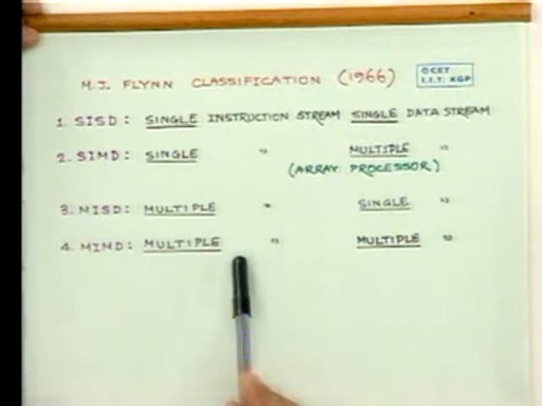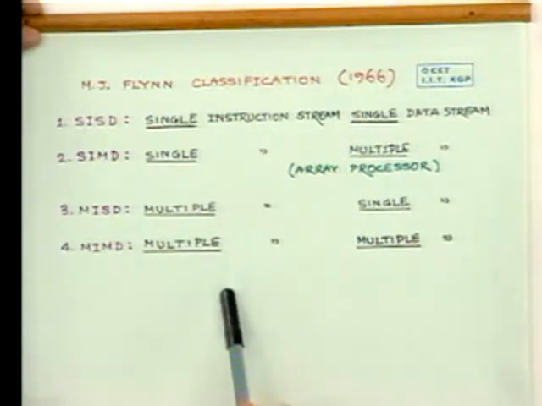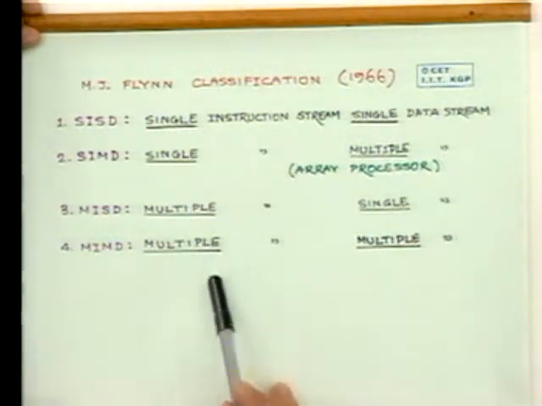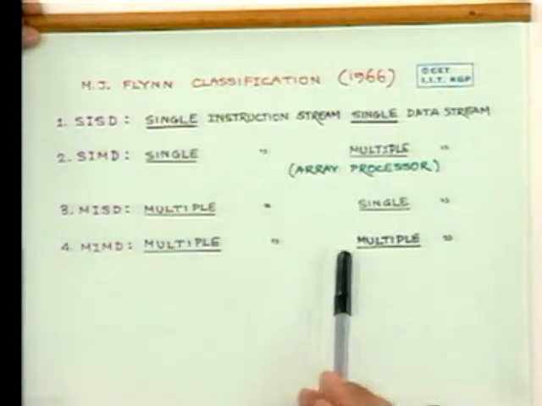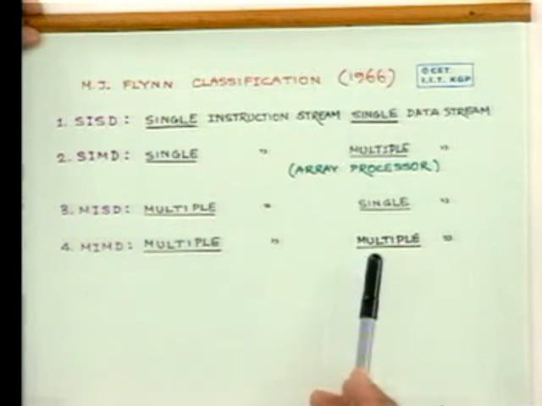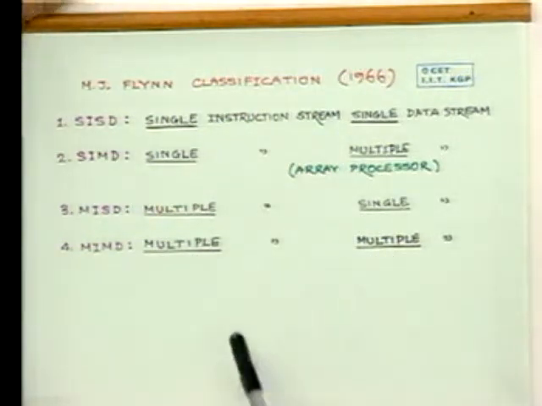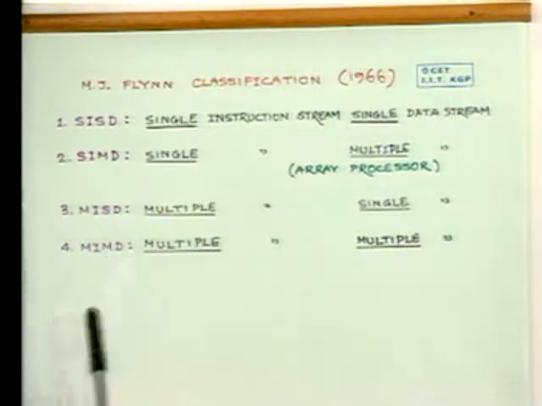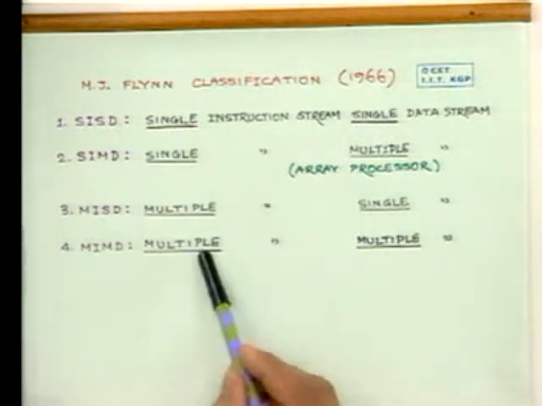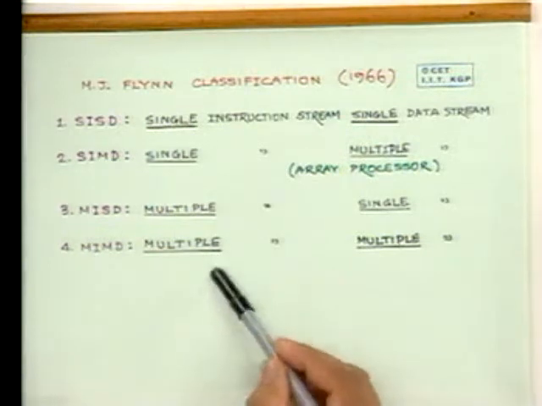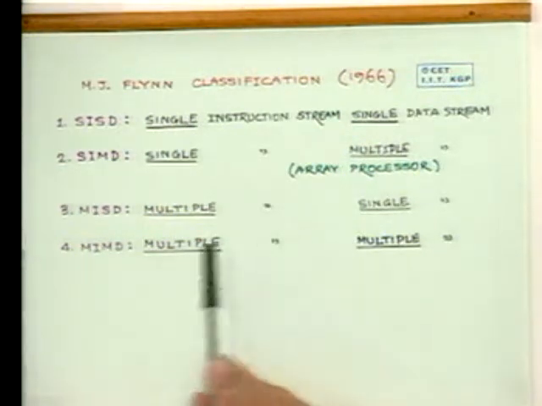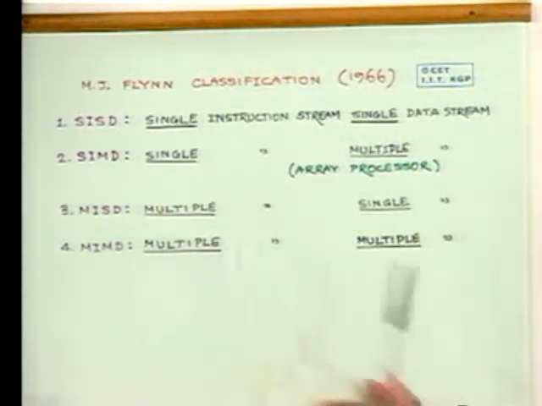Here each processor runs its own process with its own data and communicates with the other processors. That's called multiple instructions, multiple data streams. Let me repeat: here each processor has its own process and its own data and communicates with the other processes running on the other data.